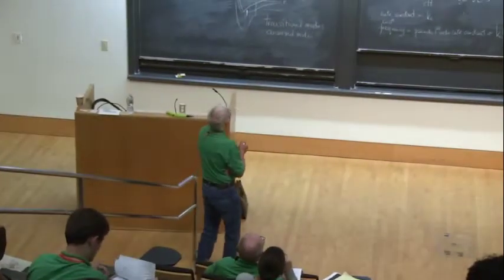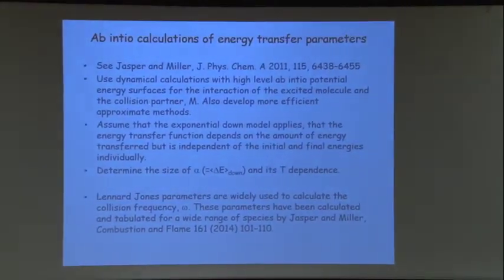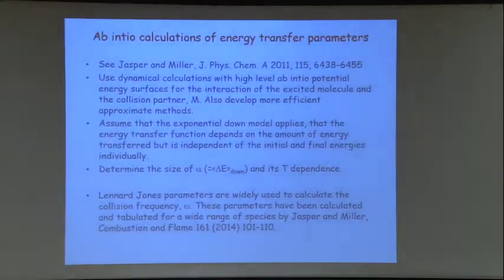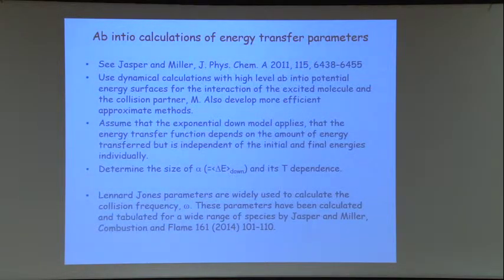You can find out more about this from the paper by Jasper and Miller. They did dynamical calculations looking at collisions between molecules using high-level ab initio potentials for the interaction between them, and they also developed an approximate method. From this, they determined the size of this alpha parameter that we talked about, which is also called delta E down, the average energy transferred in a downward direction.